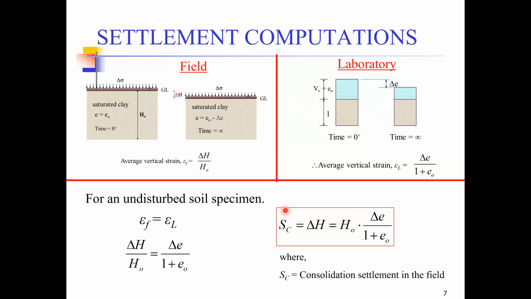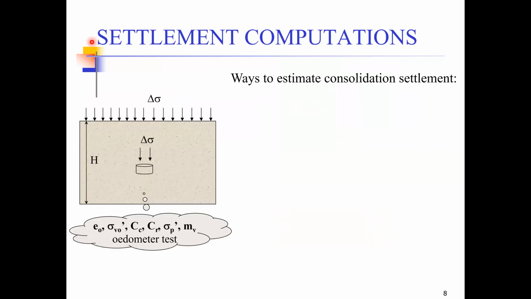Now, when we want to determine the settlements, there are basically two different ways by which we can determine consolidation. One is by using MV. If you remember, while talking about the deformation versus pressure plot, I told you about the compression index and some other indices, and I also talked about MV. There is a simple relationship by which we can make use of MV and determine consolidation settlement.